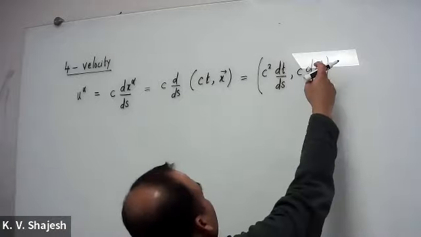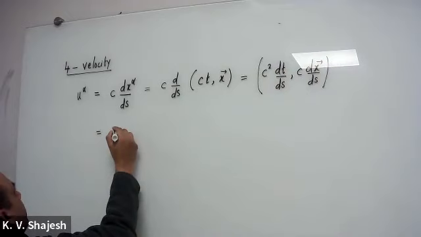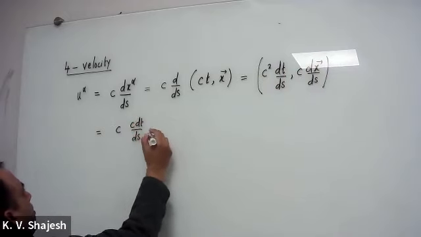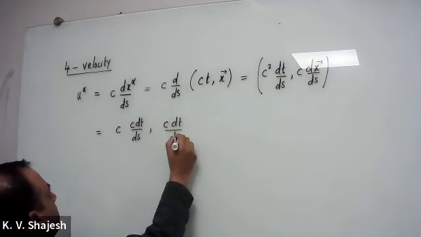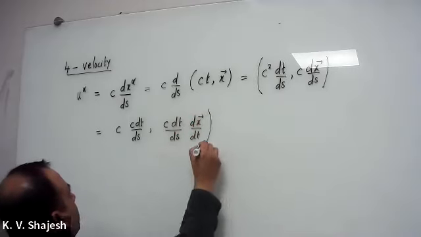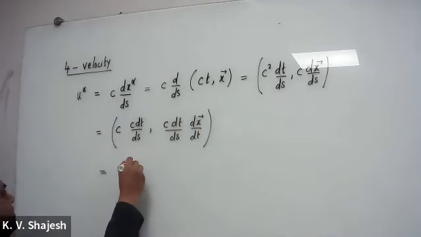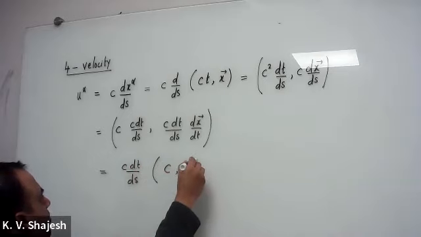Still, there is a dx over ds, so convert that again. So we have c dt over ds, comma, c, I can use the chain rule and call this dx by dt. In fact, I can take that out: c dt over ds, c comma dx by dt.